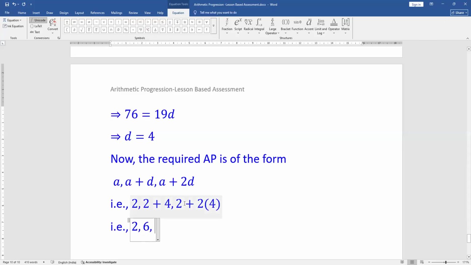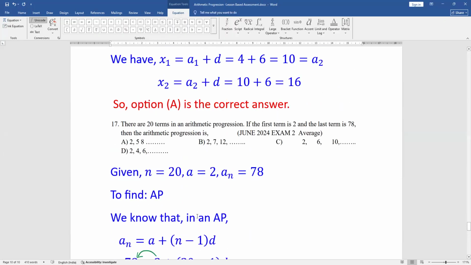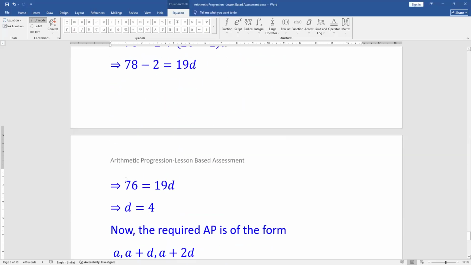Then 2 plus 8 is 10, correct? So now 2, 6, 10, which is matching option C. Option C is the correct answer.